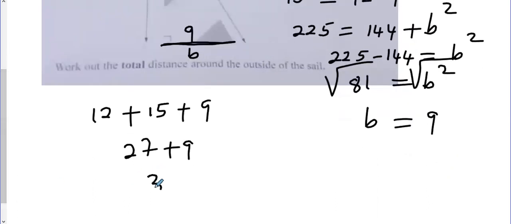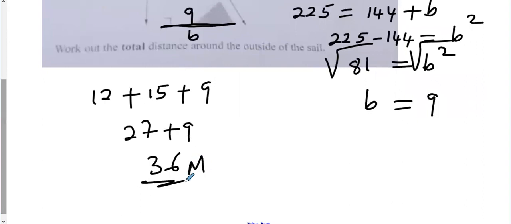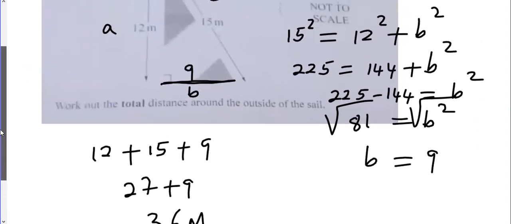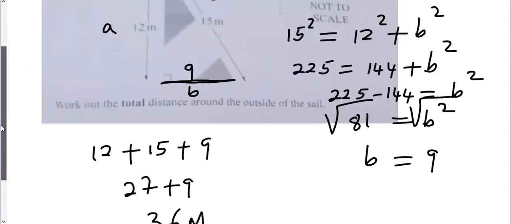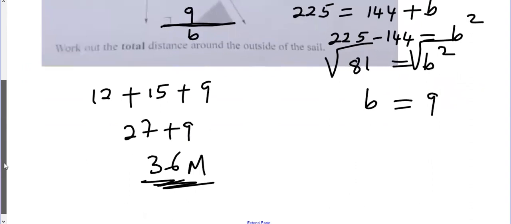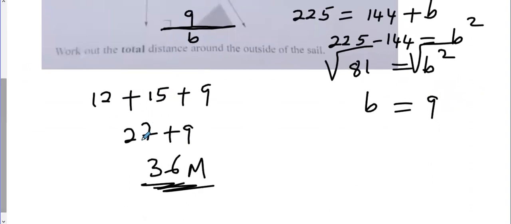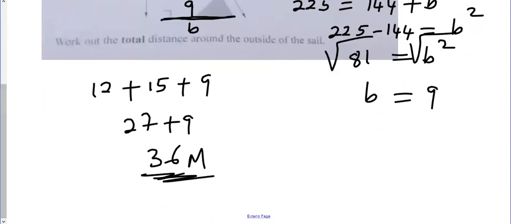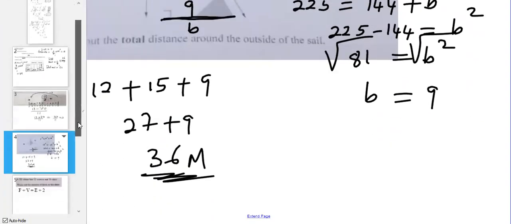This will be equal to 36. See, that's the total distance, 36 meters. Okay, you can check out the calculations, and in case of doubt, come back to me. And otherwise, this is the way we do it. If you add these numbers, 27 plus 9, 36. Okay, so the next question will be.